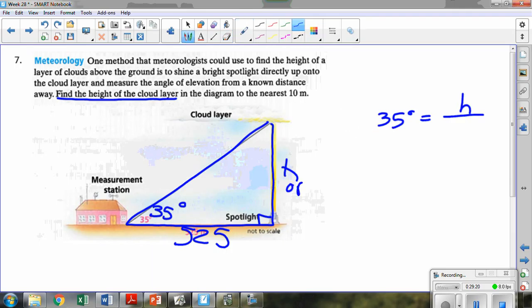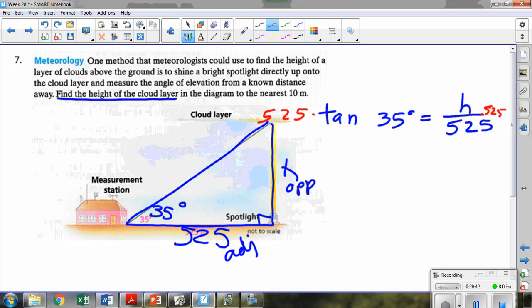We have opposite, we have adjacent, that's tangent. So we'll continue. What are we going to do to solve it? Multiply by 525. And so we have h is equal to 525 multiplied by the tangent of 35 degrees.